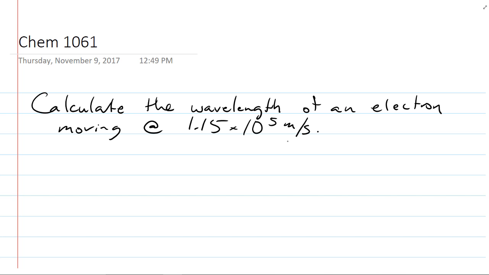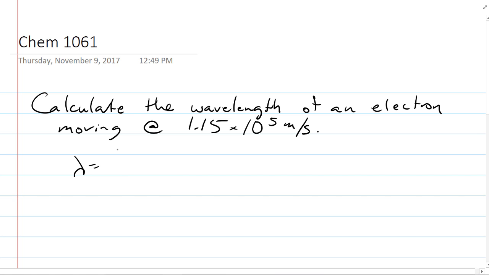Now, I'm not telling you which units to put it in, but what I will tell you is that usually when we calculate our answers, we put them in units where the value is somewhere between 1 and 1,000. So let's just calculate where we're at, and then we might need to put it in nanometers or micrometers or something like that.